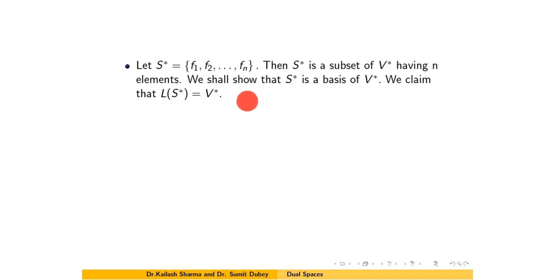We shall show that S* is a basis of V*. To show that S* is a basis of V*, we have to show that S* is a linearly independent subset of V* and S* spans V*. First, we claim that S* spans V*, that is L(S*) = V*.